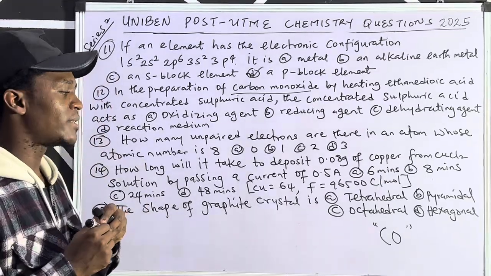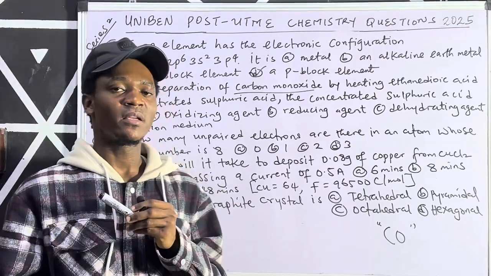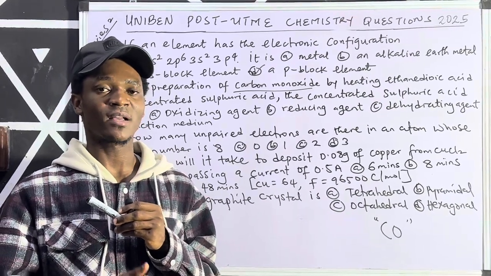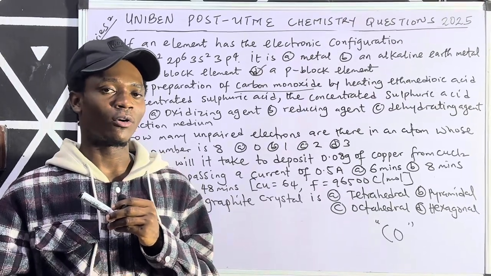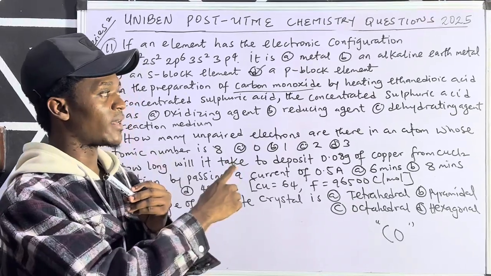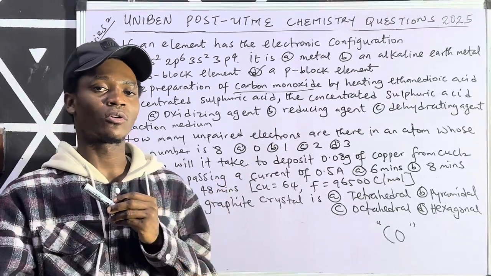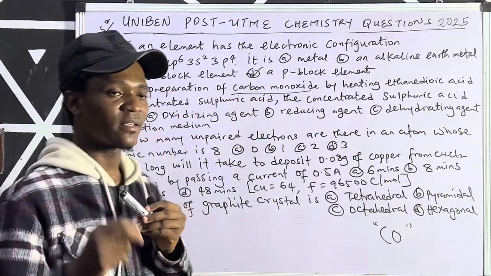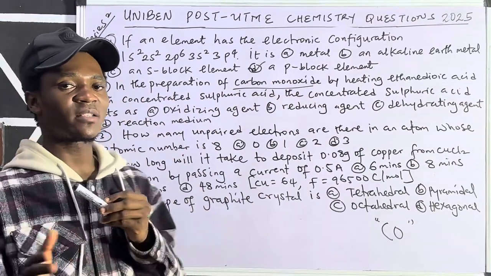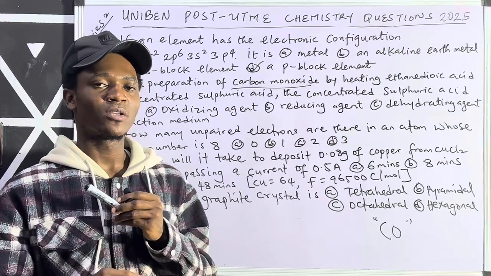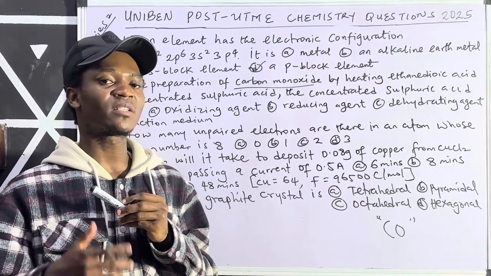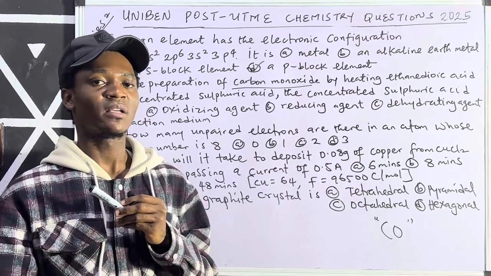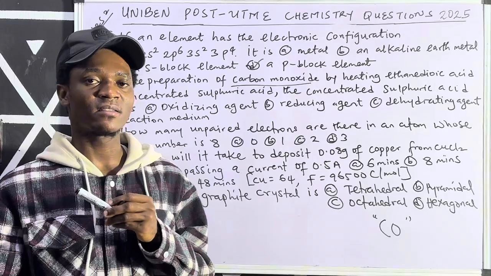For you to prepare this CO in the lab is by the dehydration of either formic acid, also called methanoic acid, or by the dehydration of ethanedioic acid, which is in the question, also called oxalic acid. So another name for this compound is oxalic acid. So it's either by dehydrating either of them. So if you dehydrate using concentrated sulfuric acid, which functions as the dehydrating agent, then what happens? It's certainly going to produce that CO.